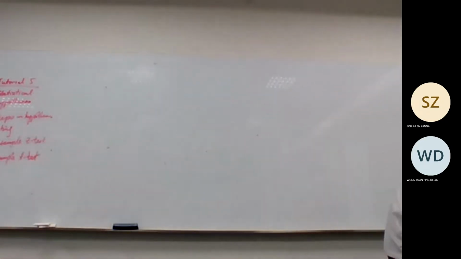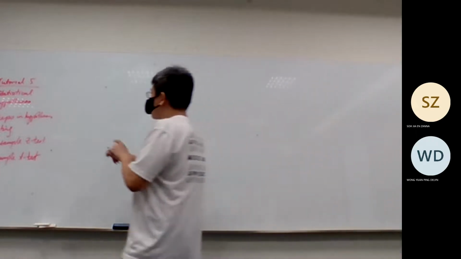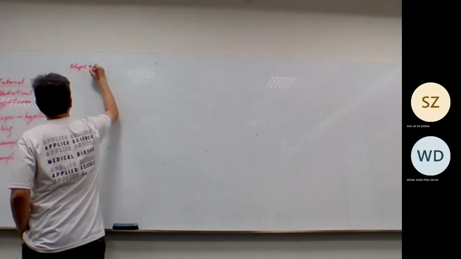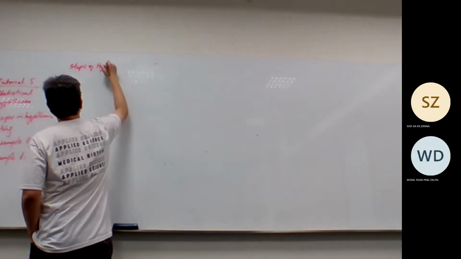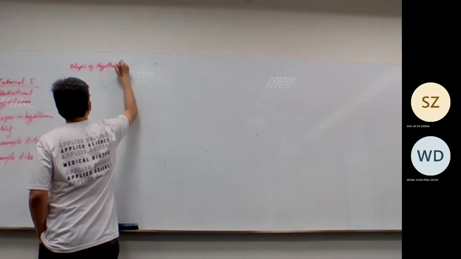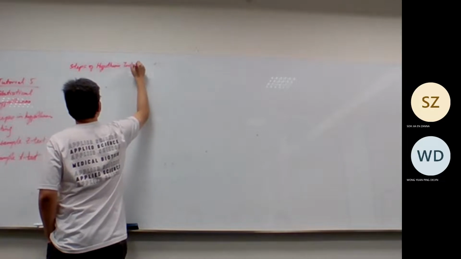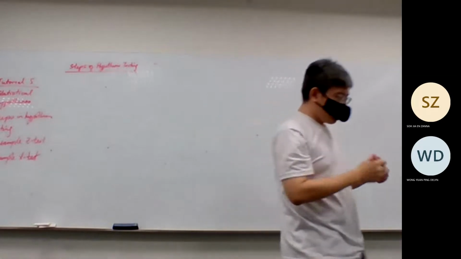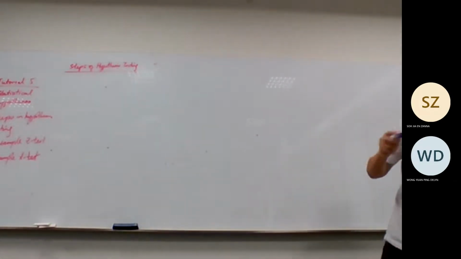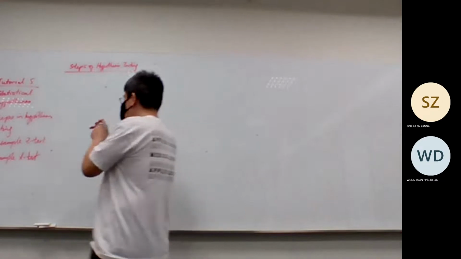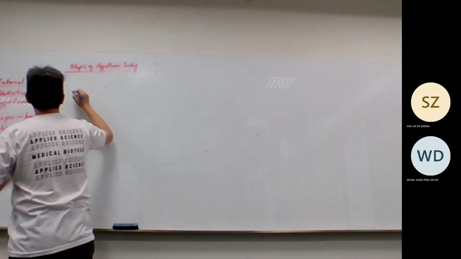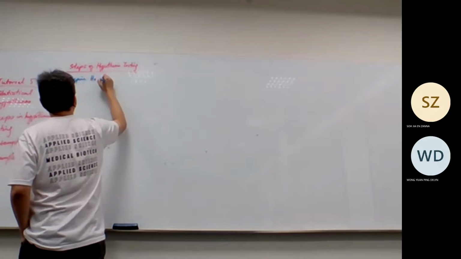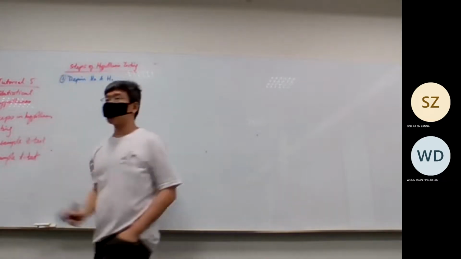So we go to the steps of doing hypothesis testing. Hypothesis testing basically follows a fixed defined number of steps. Step number one, you have to define the null and alternate hypothesis.